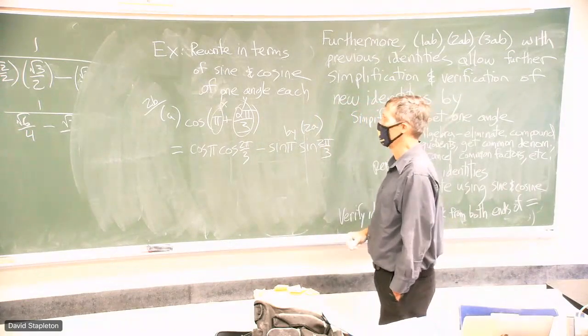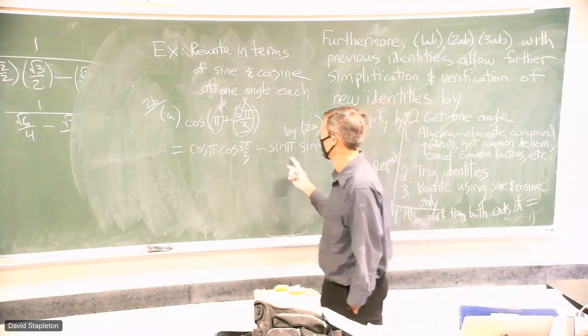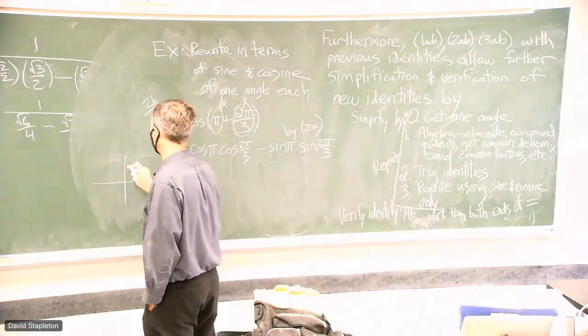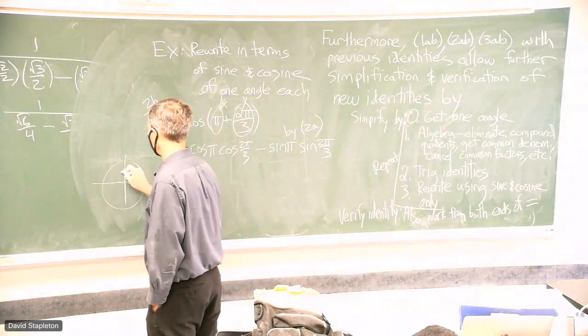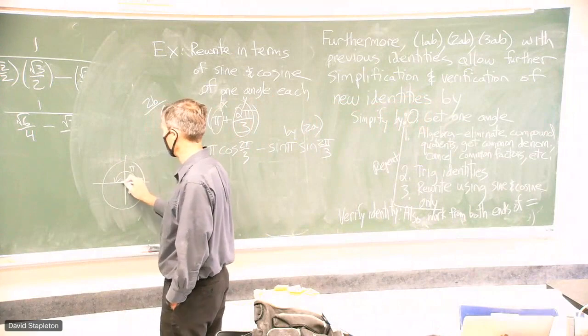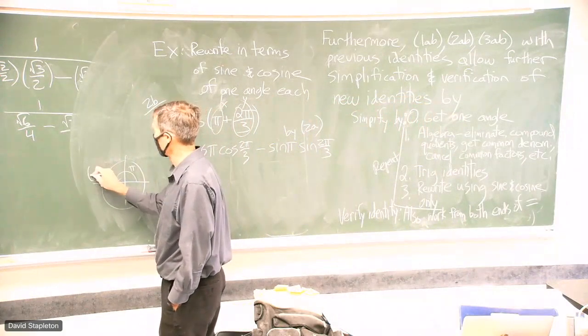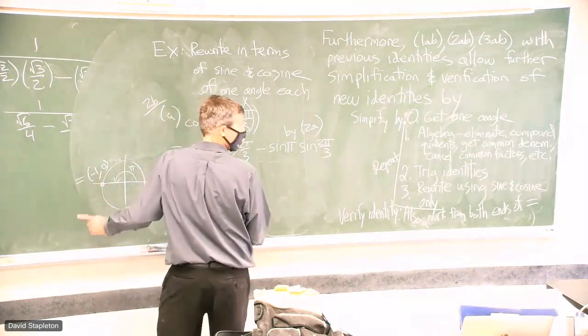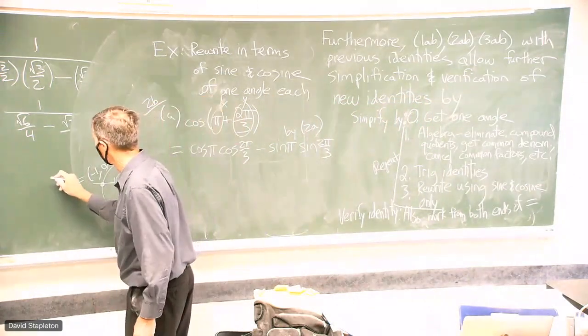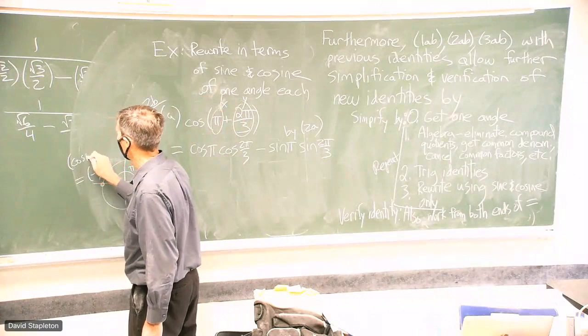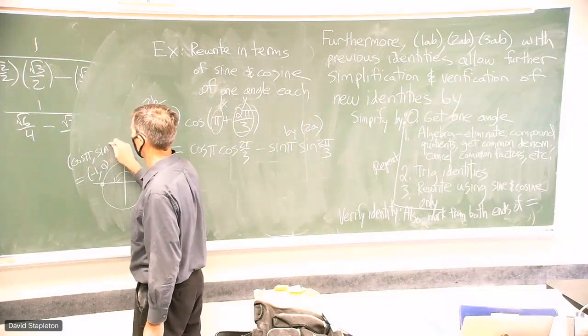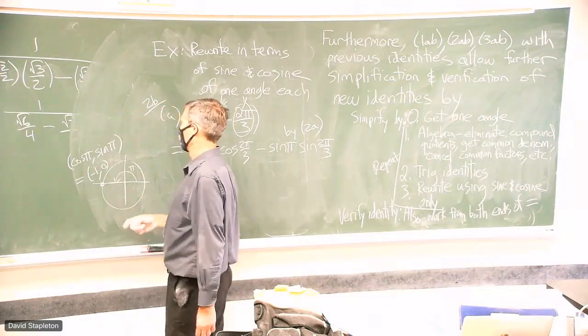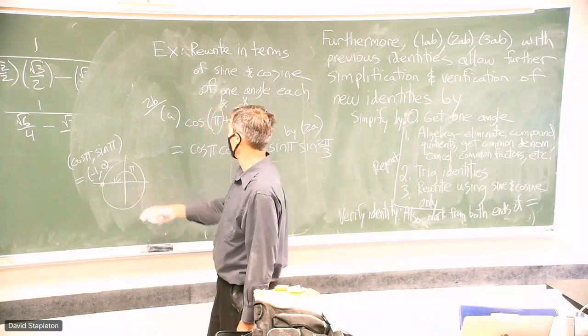But now I know what cosine and sine of pi are, off the unit circle. Here's the angle pi, the straight angle. The point out there is -1, 0. That's the cosine and the sine of pi. So the cosine of pi is -1, the sine of pi is 0.